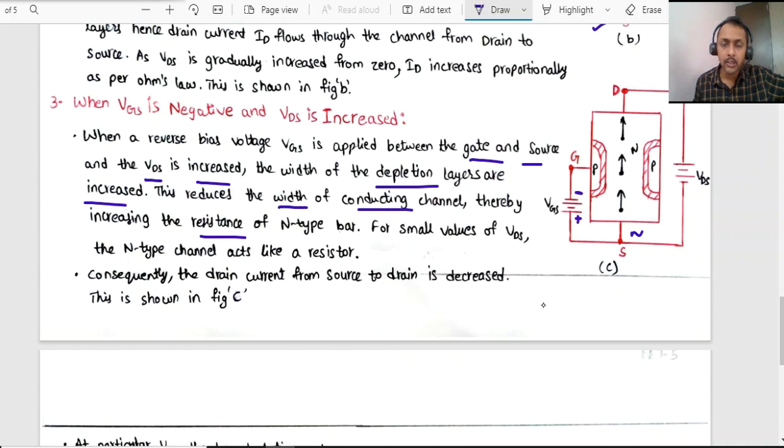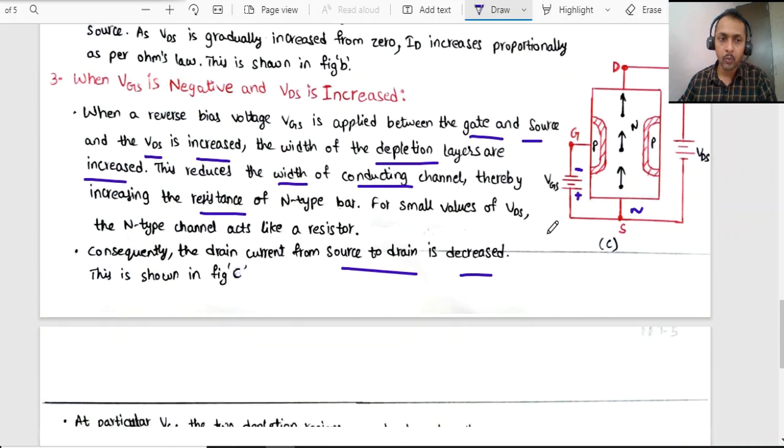Because of that, the resistance is going to increase. As the resistance increases, the flow of current will be reduced. So consequently, the drain current from source to drain will decrease. Very, very important. The current from source to drain will decrease when VGS is made negative.